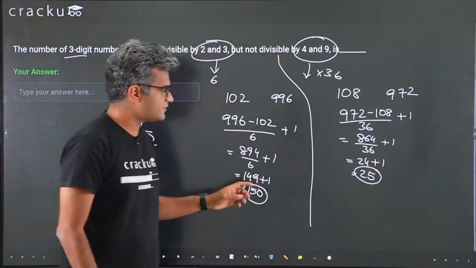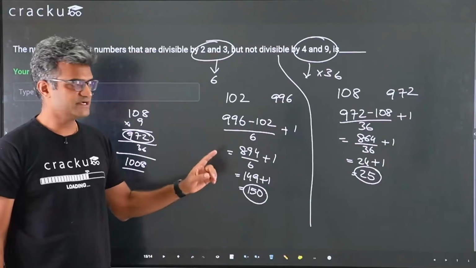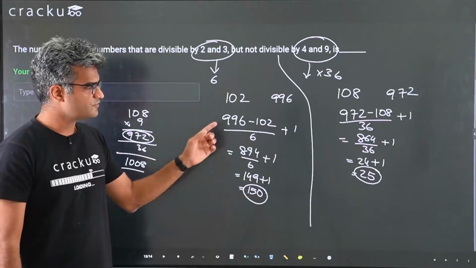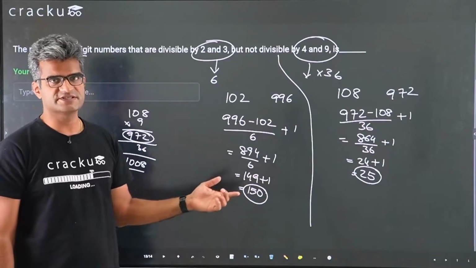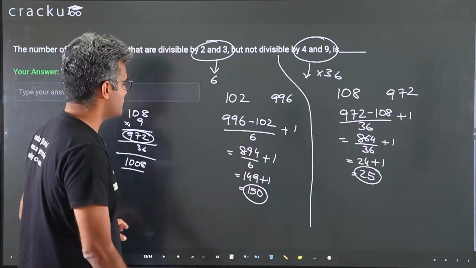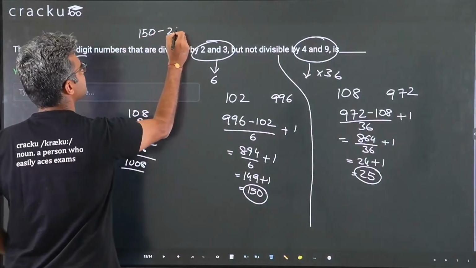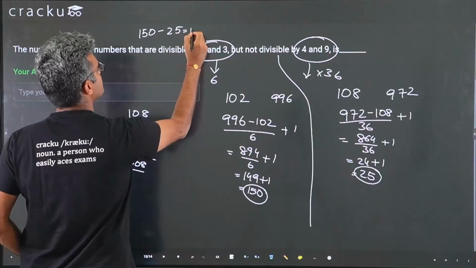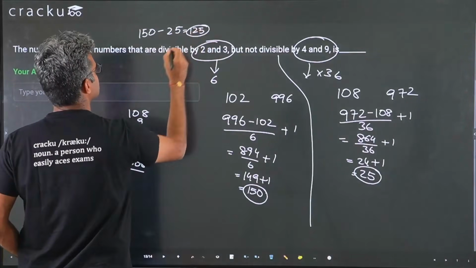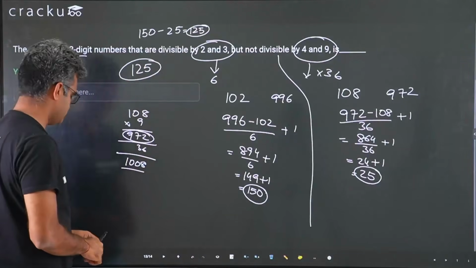So the total number of multiples of 6 between 100 and 1000 is 150. Out of them, 25 are multiples of 36. Therefore, the number of multiples of 6 which are not multiples of 36 will be 150 minus 25, which is equal to 125. So the answer for this particular question is 125.